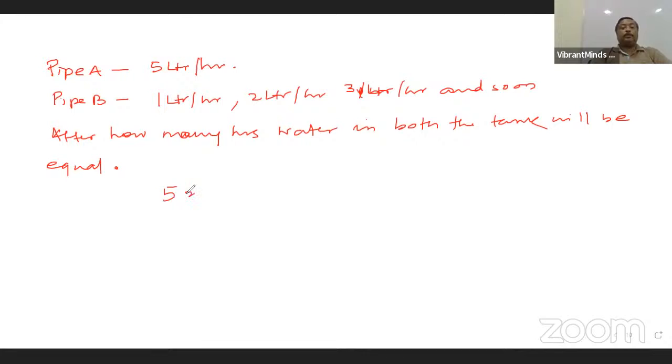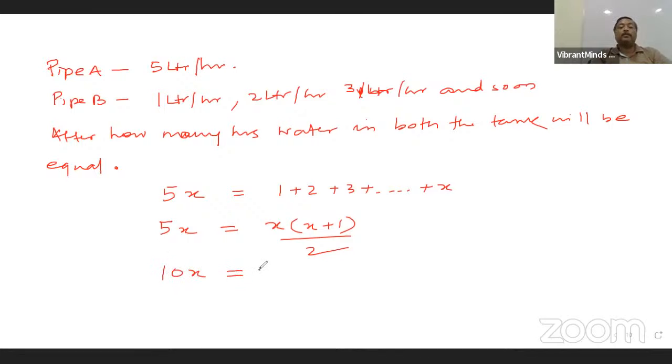So how much capacity? 5x, and this is 1 plus 2 plus 3 plus until x. We know 5x is equal to x into x plus 1 by 2. So 10x is equal to x into x plus 1. Clear?